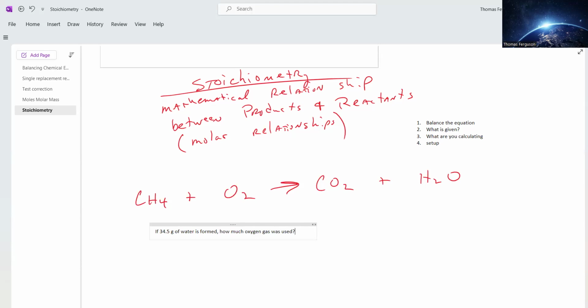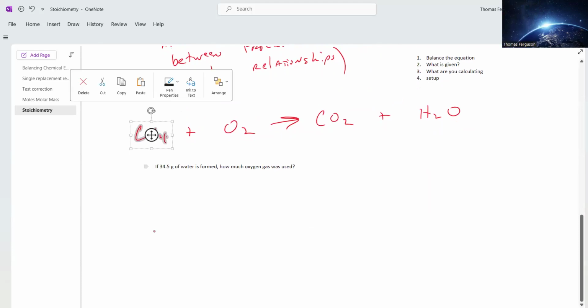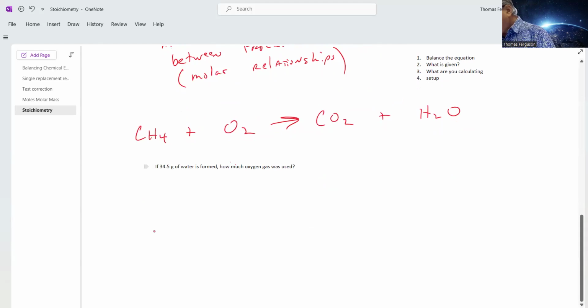It's in three steps, the setup. Step number 1 is balance the equation. Okay, is it balanced? No, it's not. So let's balance it.